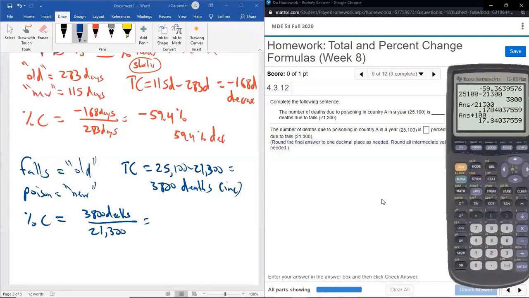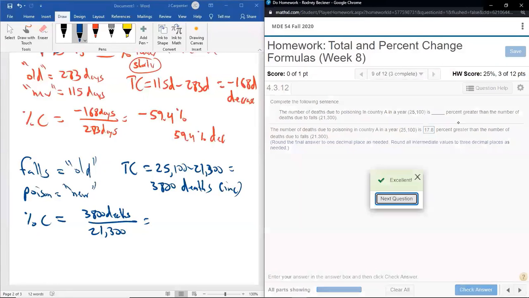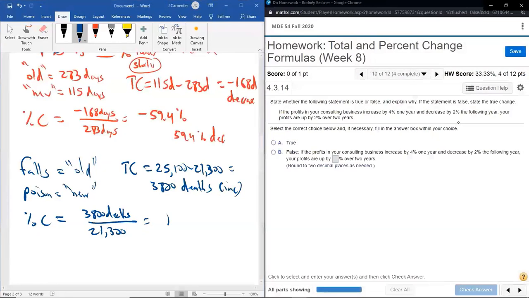Remember, don't round too soon. If you round the number before you convert it, you may end up rounding too soon, and that's what the hints are about: round all intermediate values to two places. So 17.8 if they want one decimal, which they do, 17.8%. Drum roll, and we got it right.